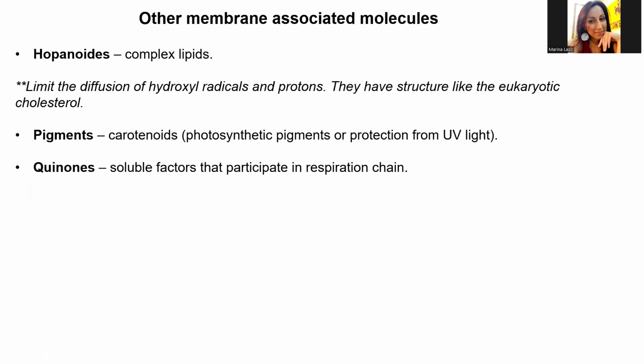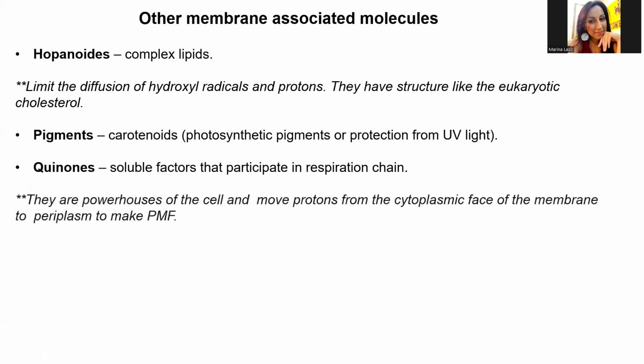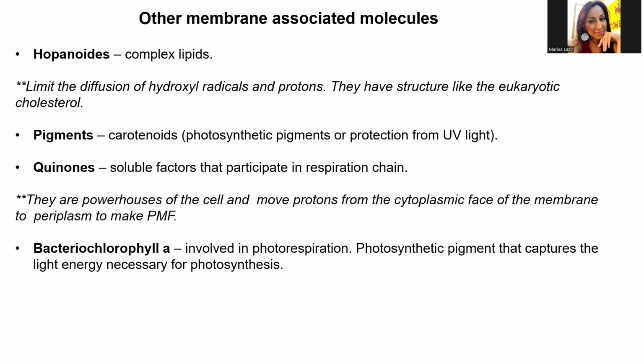Important are quinones, which are part of the electron transport chain. All of these components are the powerhouses of the cell, and they enable electron transport and proton motive force. Proton motive force is what actually starts all processes in the cell. Bacterial chlorophyll is also hosted in the cell membrane.